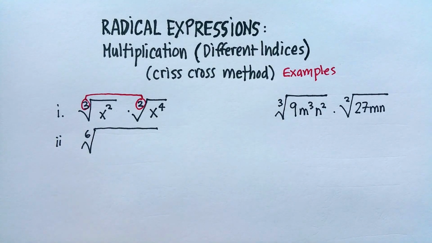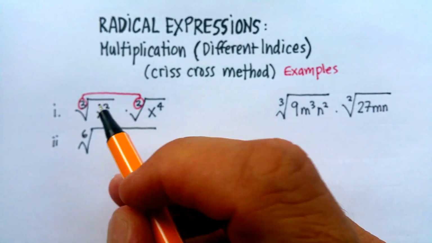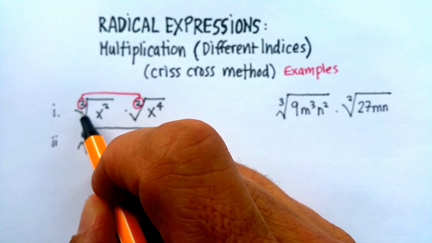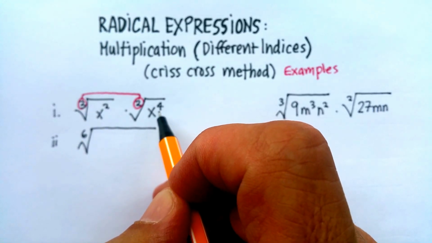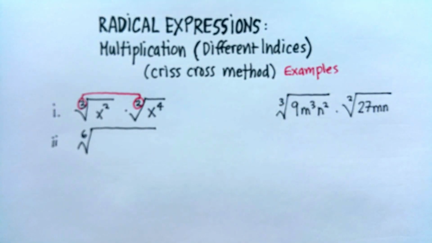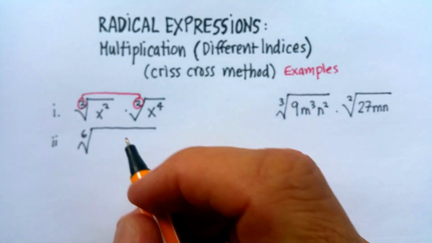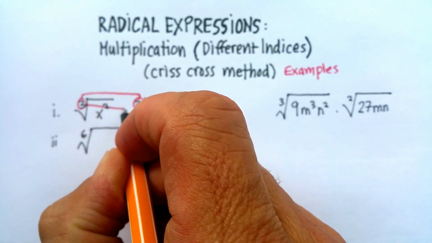Now the second thing I'm going to do is take the index of the far left radical, so the 3, and multiply it by the exponent of the radicand in the opposite radical. That's a lot of words, so let me show you what that looks like. I'm going to take the 3 and multiply the 4.